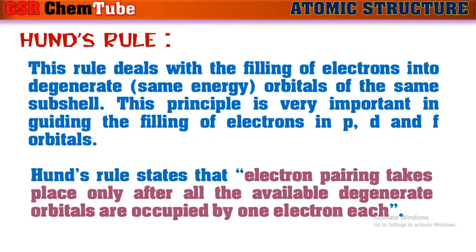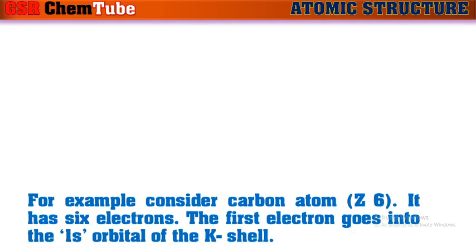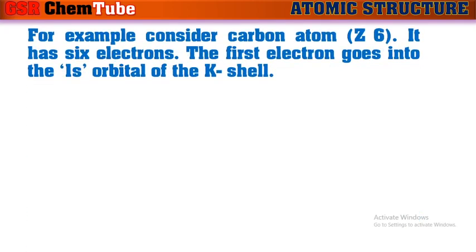Hund's rule states that electron pairing takes place only after all the available degenerate orbitals are occupied by one electron each. For example, consider carbon atom whose atomic number is 6. It has 6 electrons. The first electron goes into the 1s orbital of the K shell or first shell.